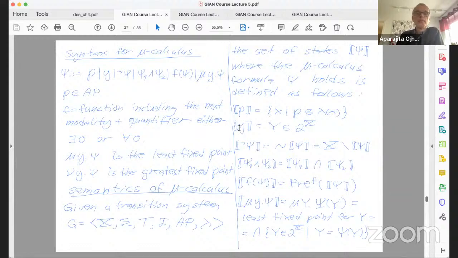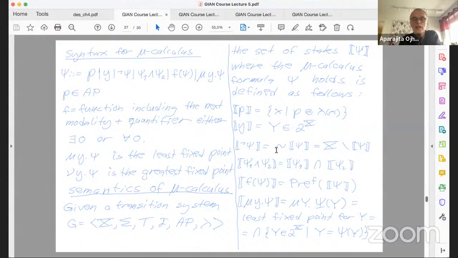Then the bracket of Y is the set of states where Y is true, and that is a subset of the total state space. If you have the negation, here is the set of states where the negation of psi is true.